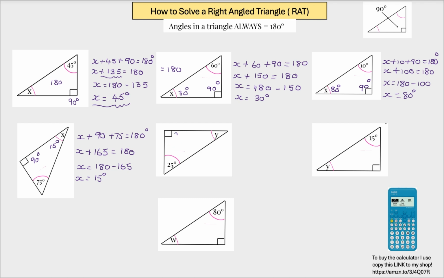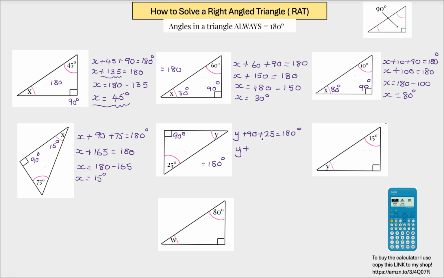So, once again, look at it. What do we know? We know that's 90 degrees, so it's a right angle triangle, and we know it all equals 180 degrees. So we've got y plus 90 plus 25 equals 180 degrees. Sort out our numbers, our like terms. If we're going to do proper algebra, we're collecting like terms.